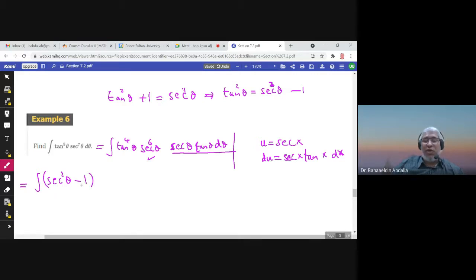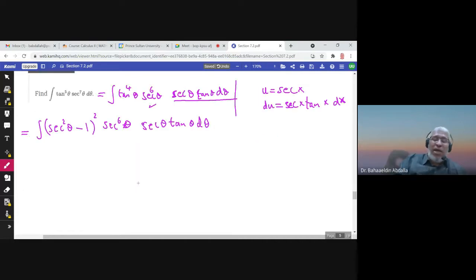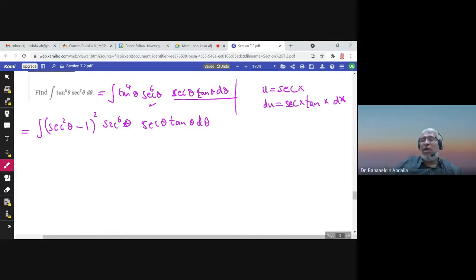This is tan square, but I have tan to the power 4, so I raise this to the power 2, and I have secant^6 theta, which I am okay with, and I have secant theta tan theta d theta, and now I arranged everything and I am ready to use the substitution.